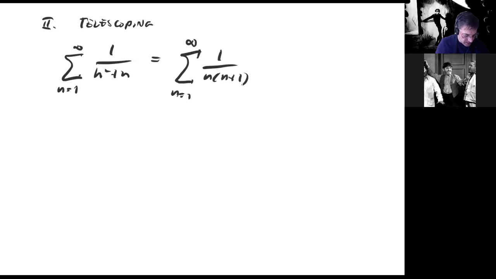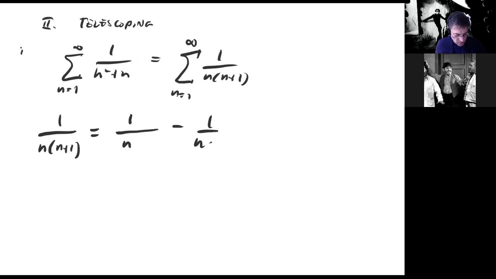Now for 1 over n times n plus 1, you can do a partial fractions expansion, and I'll save you the algebra. It's 1 over n minus 1 over n plus 1. So this sum is the sum, n goes from 1 to infinity, of 1 over n minus 1 over n plus 1.